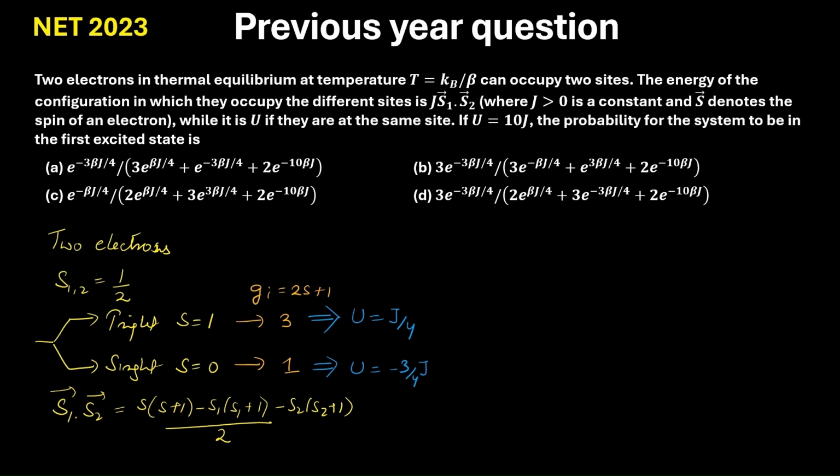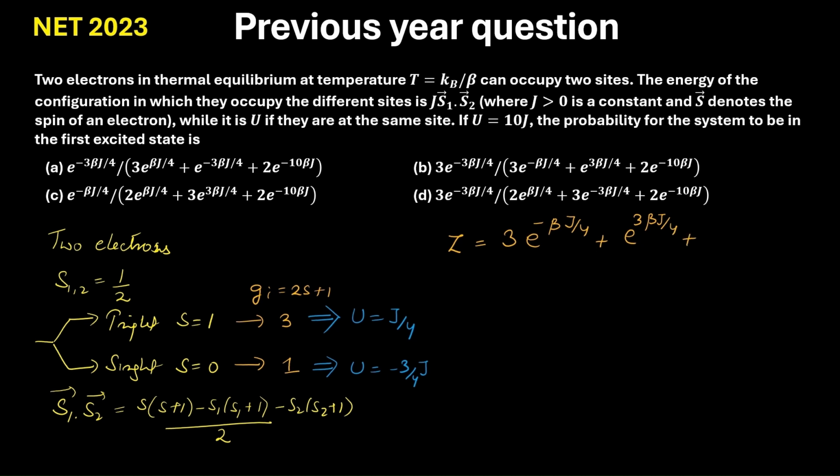Now let us write the partition function. So partition function Z is equal to 3, for the triplet degeneracy, e to the power minus beta J by 4 plus, and now we'll write for the singlet, e to the power 3 beta J by 4.